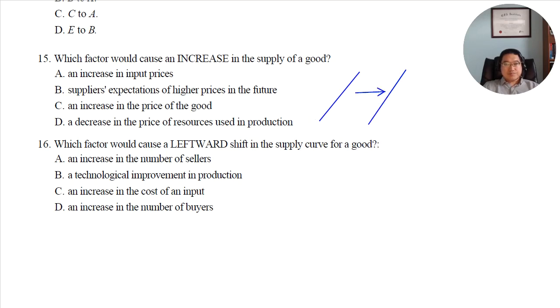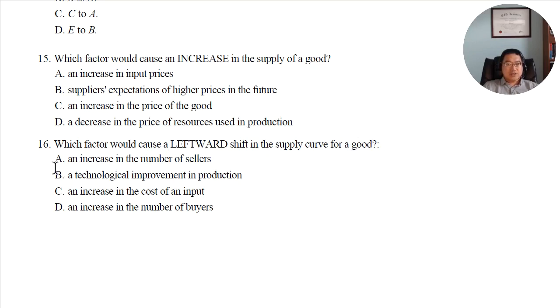So what about the suppliers' expectation of higher prices in the future? Then of course they will keep the inventory to sell into the future, right? Not to sell today. And that will more or less drive down the supply today, kind of shift it backwards, right? And probably even drive up today's price. So that's for question 15.